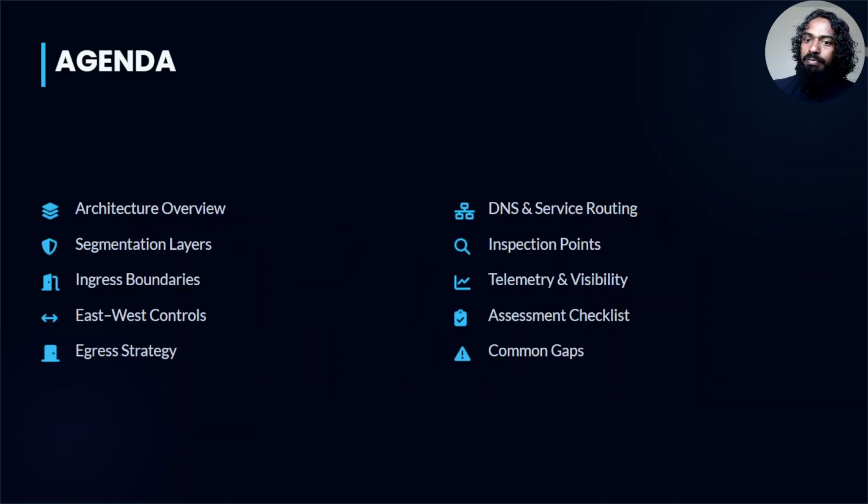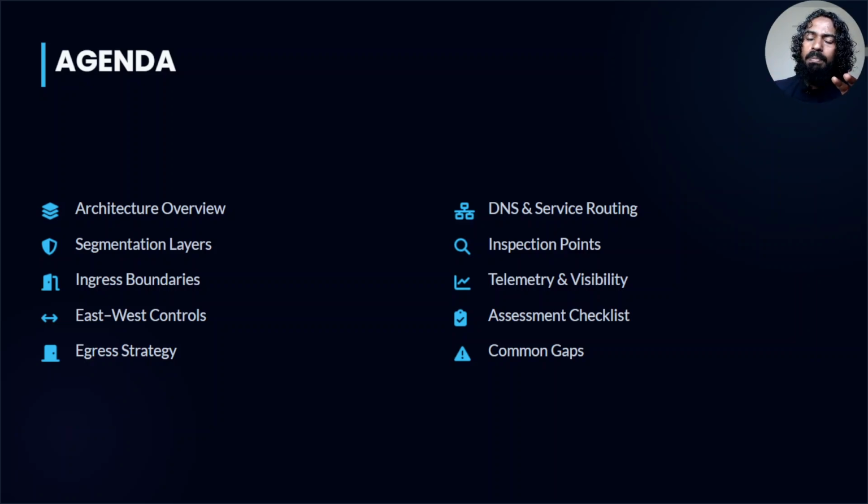So here's the flow. First, we look at the overall architecture, just an example architecture for you to understand what we are talking about. Then segmentation layers, ingress boundaries, your east-west controls, egress strategy. Then we'll talk about DNS and your service routing a bit, inspection points, your telemetry.